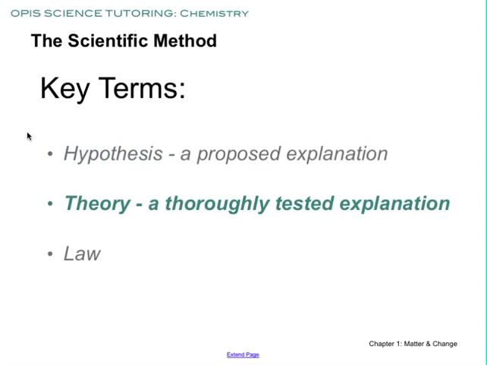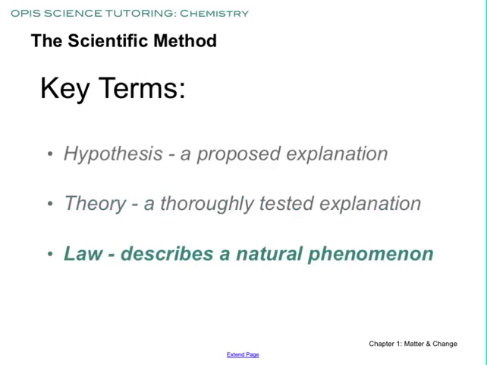When an idea has been thoroughly tested, that explanation has been thoroughly tested through experimentation, then we can say that now we have a theory, a good working explanation of things. Now, that doesn't mean that that theory can't change or later on be proved wrong, as many theories have. But that's when further evidence and more data comes to light. And then we have new explanations for things. Now, a little bit different is the idea of a law.